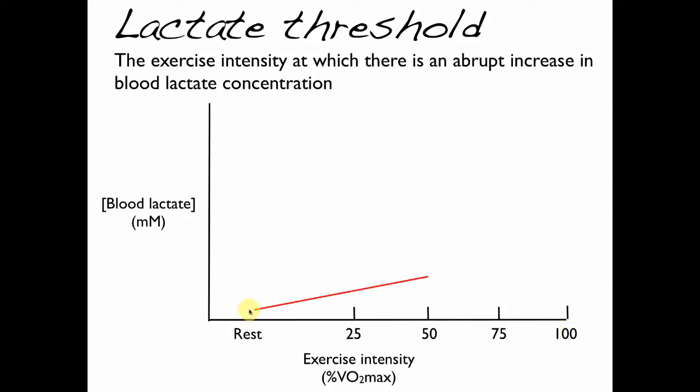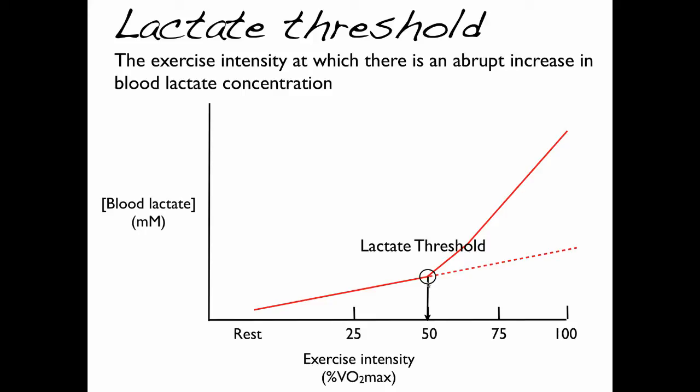At rest, and in the early stages of exercise, there's a gradual increase in blood lactate as exercise intensity increases. At a particular point where blood lactate accumulates much faster, we call this the lactate threshold. So the point at which there's an abrupt increase in blood lactate concentration.